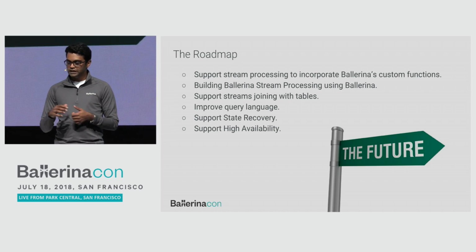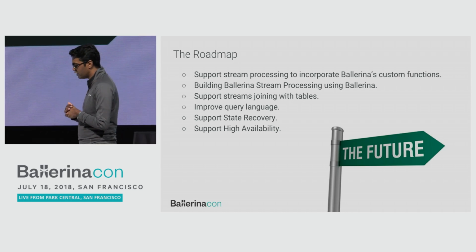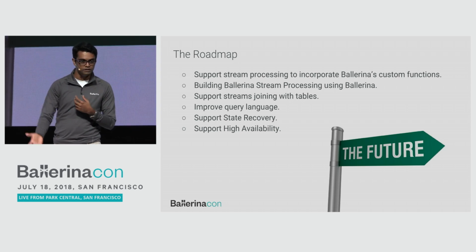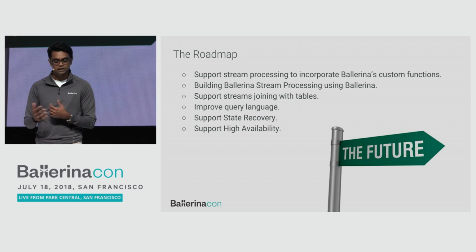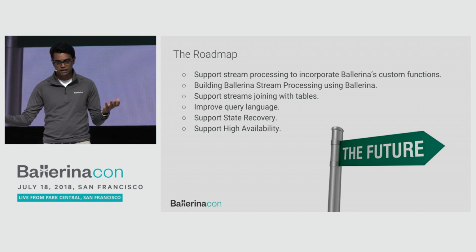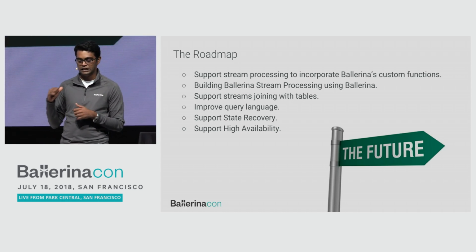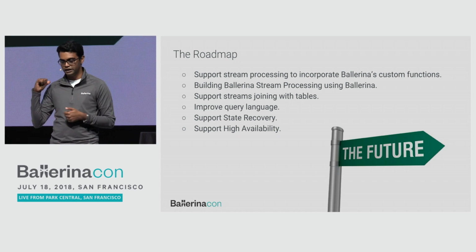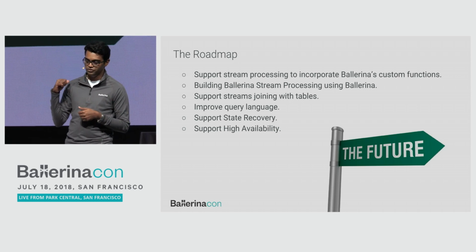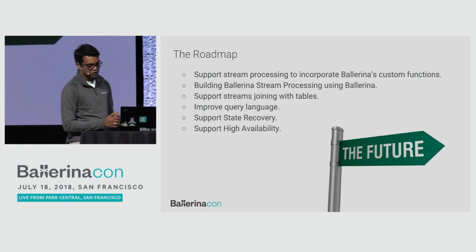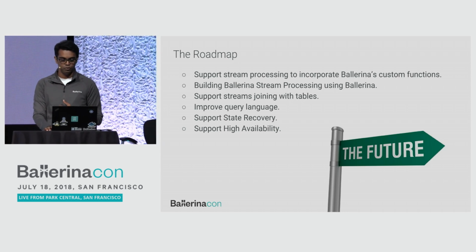So in those cases, we have to have a way of checkpointing. If the system goes down, there should be a checkpoint so that we can recover from that, and there should be a way of running in a highly available mode. Current streaming in Ballerina doesn't support those, and we are working to add the state recovery mechanism and support high availability in Ballerina. So those are some improvements that we are doing.